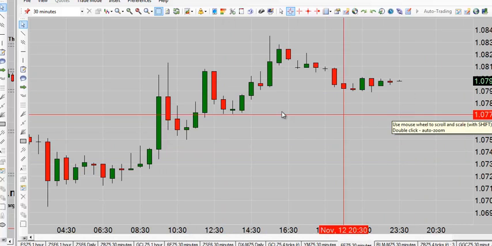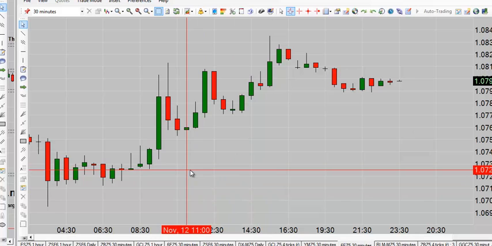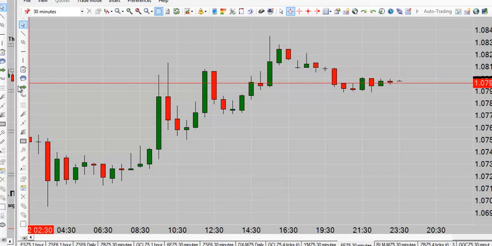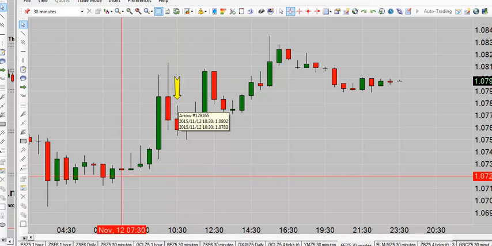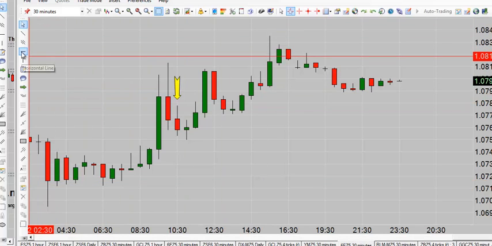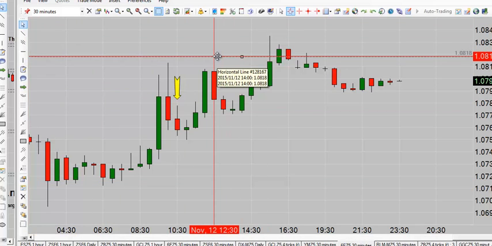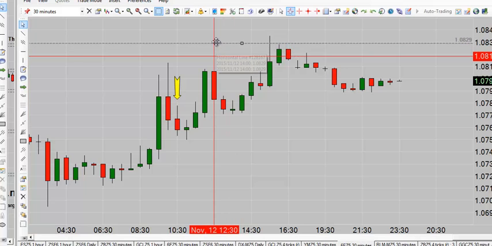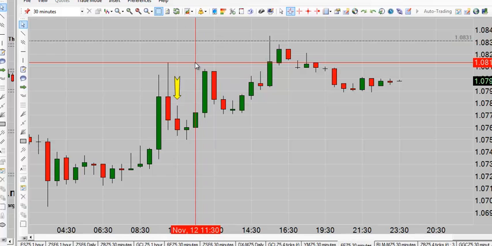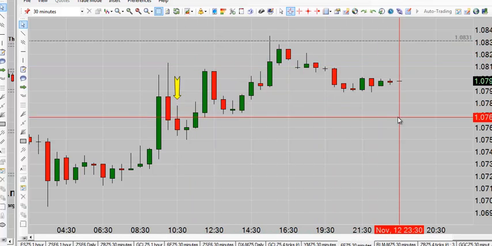Okay. Let's find our 1030 candle, which is right there. All right. So, long above 830, short below 730. 831, and then short below 730.